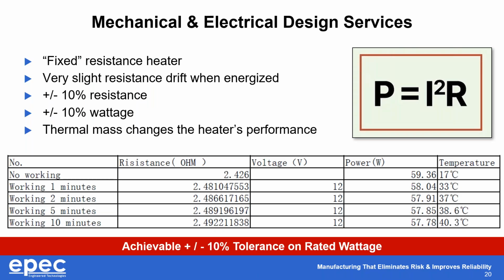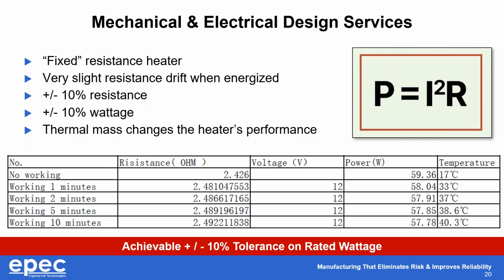So for our customers who need a 100-watt heater, we can make that 100 watts plus or minus 10%, so it would be a 90 to 110 watt heater. If a customer comes and says, I need a 100-watt heater plus or minus 2 watts, that's well within the tolerance band and potentially something that's going to be difficult or impossible to make in a production setting.